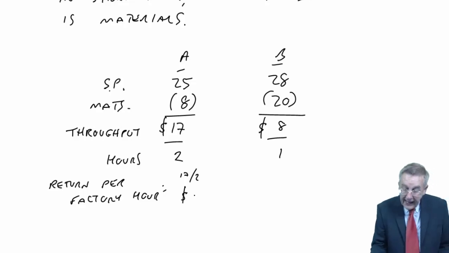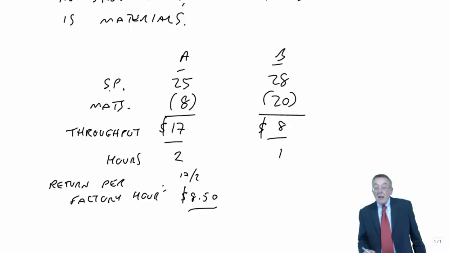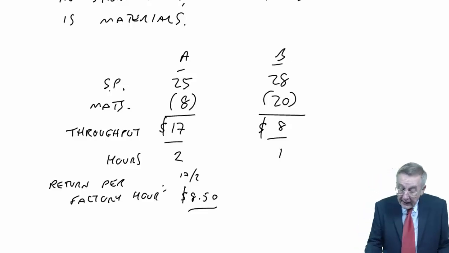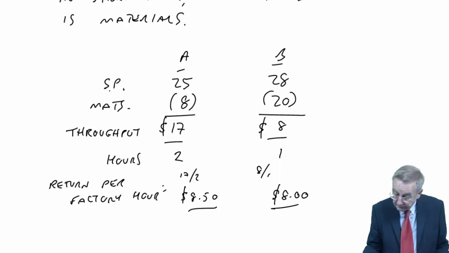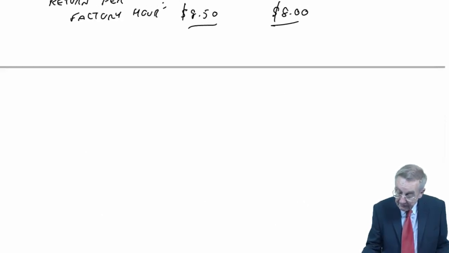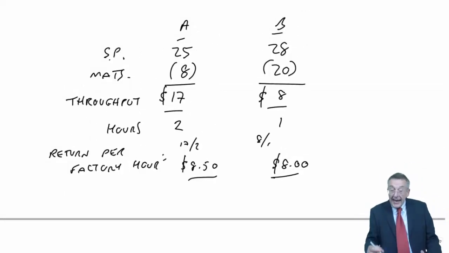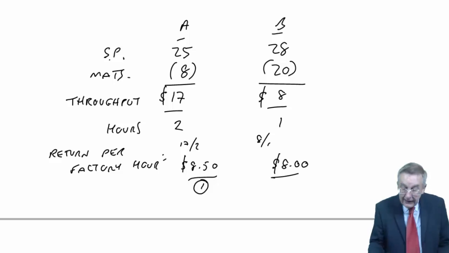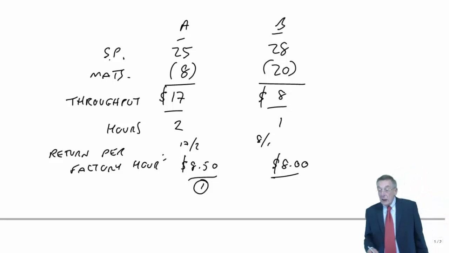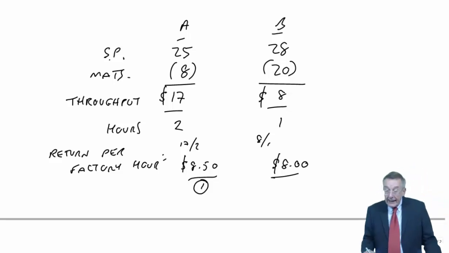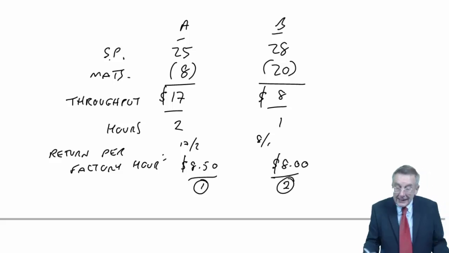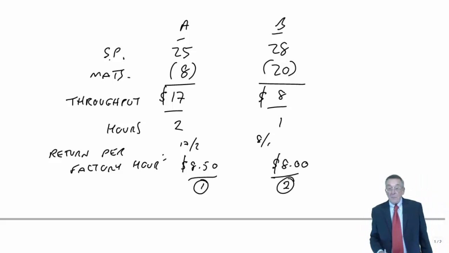Every hour used making A is therefore generating $8.50. B, 1 hour, well, every hour obviously is generating $8. And so of the two, as it turns out, A is the better, generating $8.50 an hour. B is second best at $8 an hour.